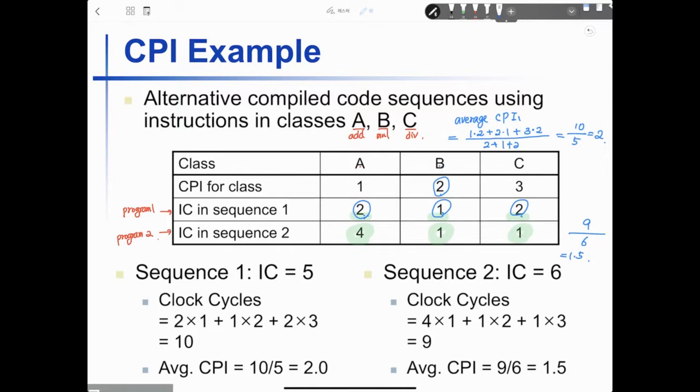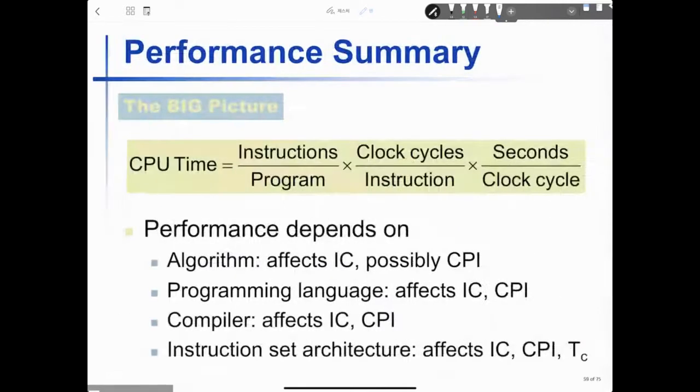Okay. So let us summarize the performance measurement. As I mentioned, the CPU time is proportional to the number of instructions, CPI, and clock cycle.